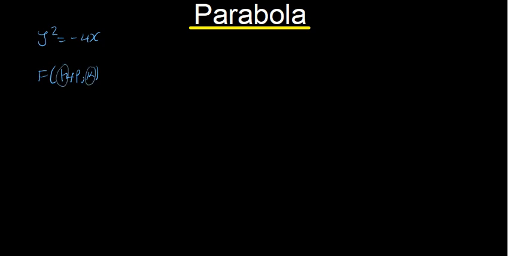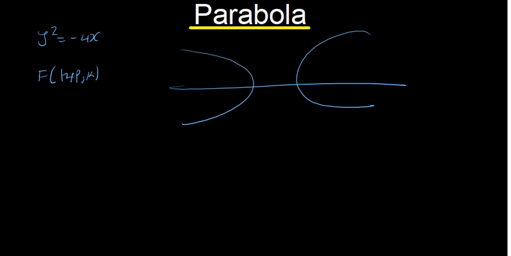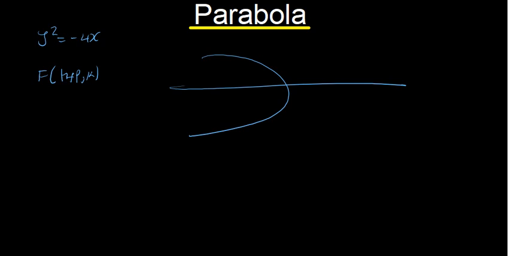Before going any further, you observe that not only is it on the x-axis, such that it opens either like this or like that, we're able to note that it is opening to the left, because what we have here is a negative. Because p is negative, it opens to the left.